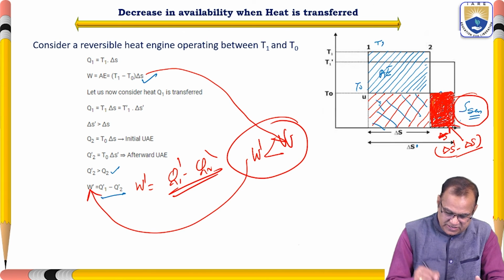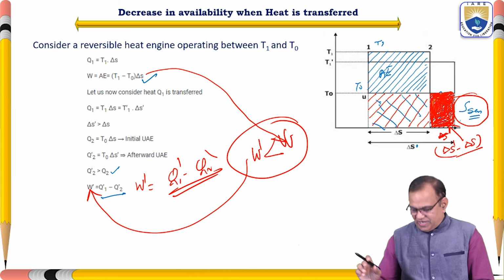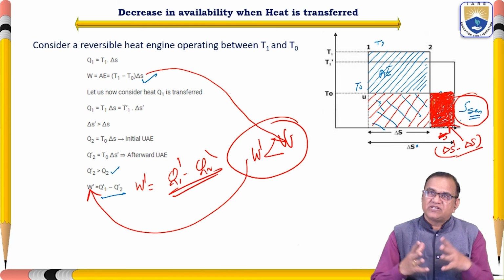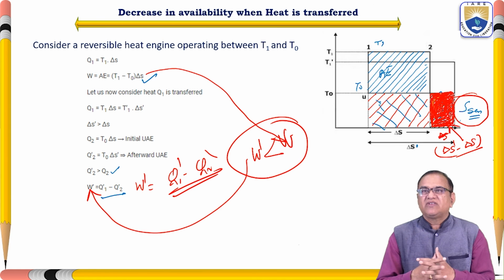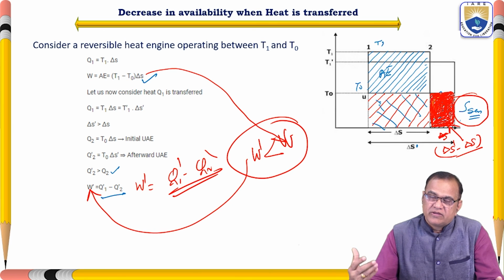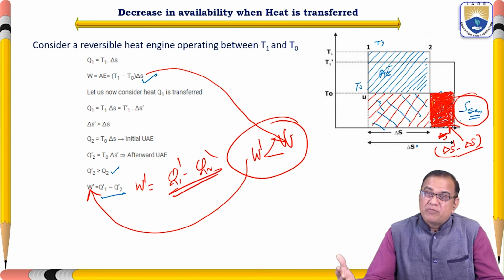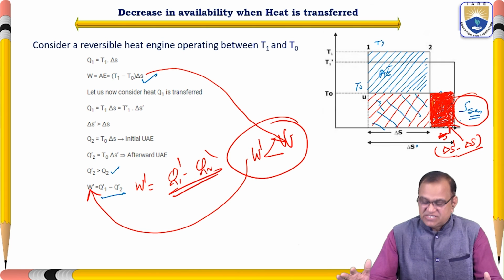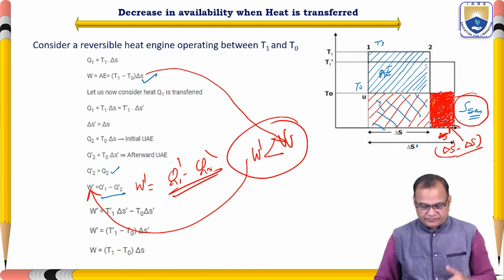So in this way, for any heat transfer, there will be some irreversibility. This irreversibility will cause the system to create entropy. Some additional entropy will be generated, and this generation of entropy will give some additional losses, and work will be reduced. The efficiency will be reduced.